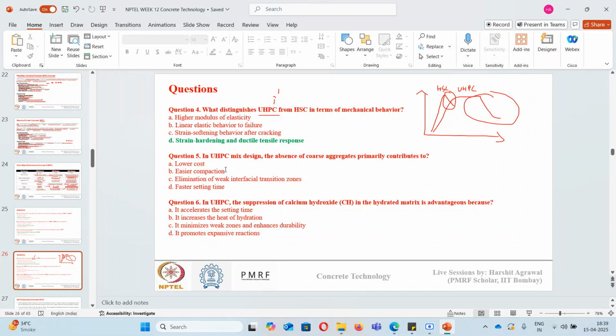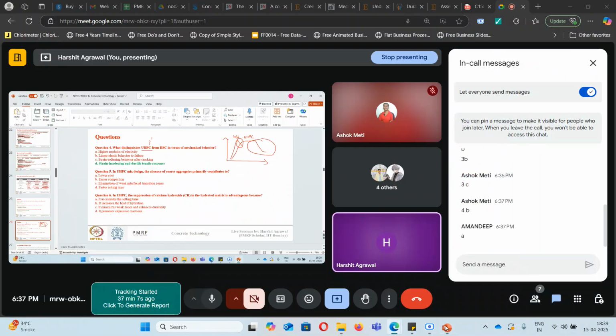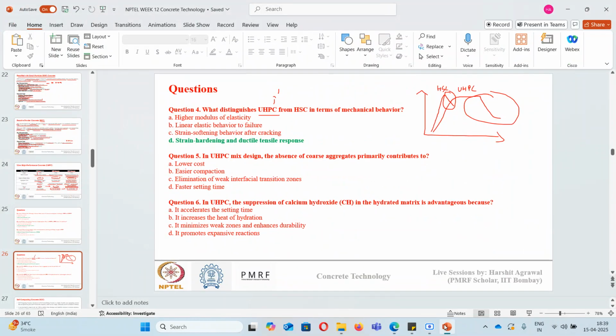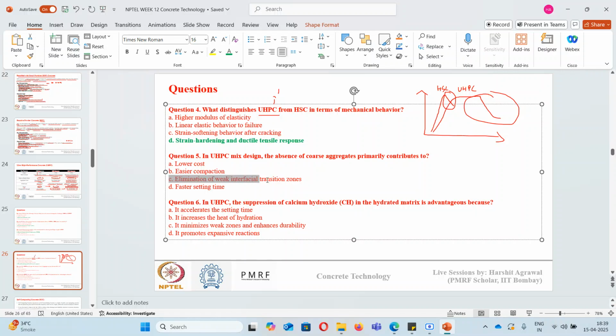In UHPC mixture design, the absence of coarse aggregate primarily contributes to what? This is a very simple question. Can anyone tell me the answer? Okay, this is a very simple question that I don't need to discuss anymore.